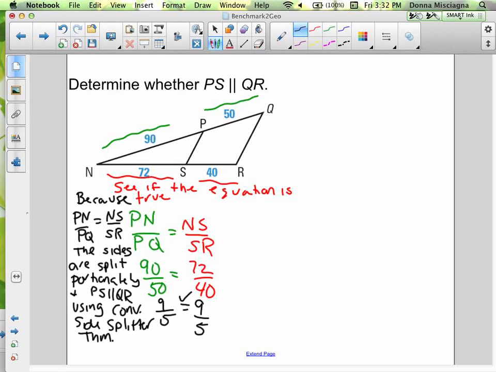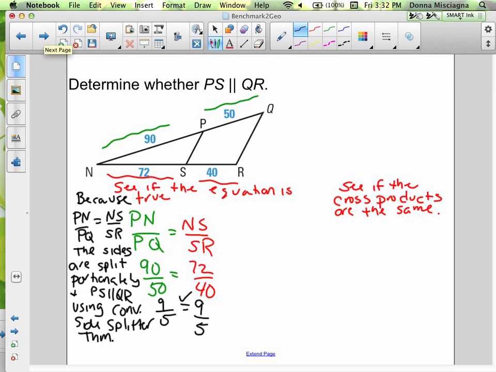All right. Here's the other way. See if the cross products are the same. This is really easy to reduce, so that was fine. But if this is really hard to reduce, then maybe it would be better to see if the cross products were the same.